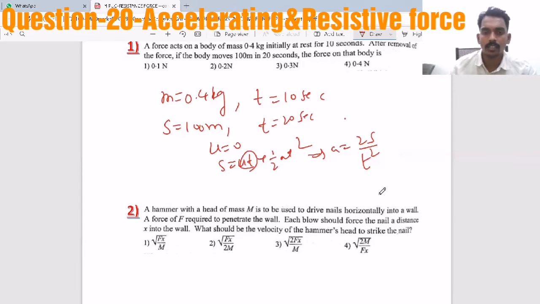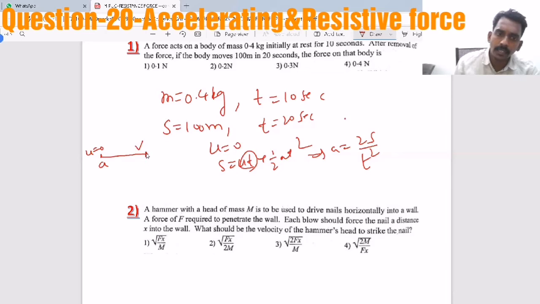Oh, it is not a direct question. See, I'll tell you. We are not applying it directly. First, a force is applied, and at rest a force applied means a constant acceleration. The acceleration applied for 10 seconds gives it some speed.